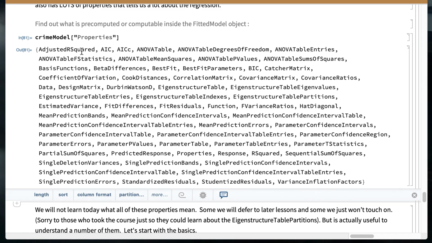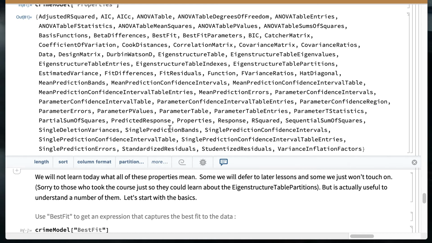So it knows about the adjusted R squared and the ANOVA table sum of squares and the hat matrix and the eigenstructure table indexes and the mean prediction bands and all sorts of stuff. You are not going to learn all these things. I actually don't know what a few of them mean. Like I honestly don't know what the eigenstructure table eigenvalues are. But we are going to learn what some of them mean. We're going to learn the most important ones.